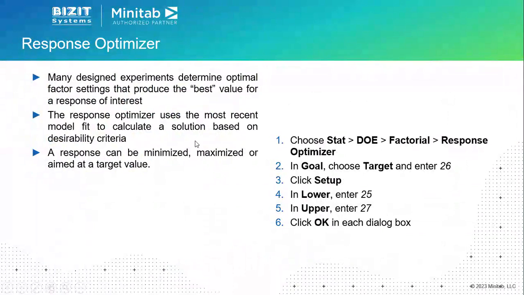Okay, so this one is the response optimizer. I think a lot of researchers, a lot of experts do the design of experiment because they want to look at this response optimizer. That will depend on your preference, whether you need to set your objective to minimize, maximize, or you have your own target.